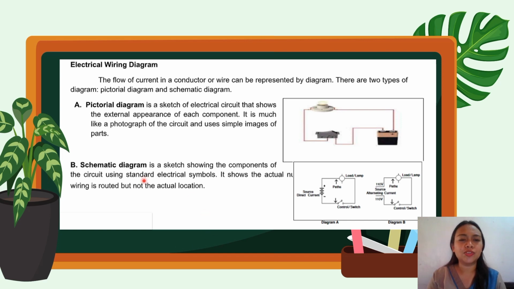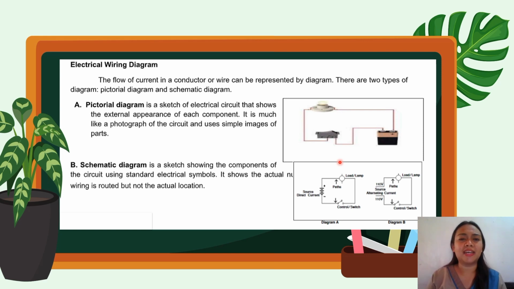And then, we also have a schematic diagram. So, this is a schematic. Again, this is pictorial. So, ano yung napapansin ninyo sa dalawang diagram na to? What are their differences? Yes, they definitely differ in the design, okay? Or they differ on how they are being presented.